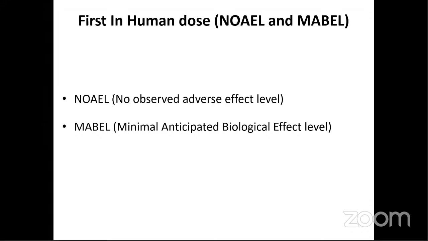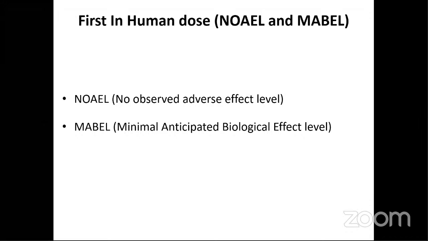I would go back to 2006, when there was a study done for an anti-CD28 molecule. TeGenero was the company developing this in the UK. They had very good, robust non-clinical data for their biologic molecule.